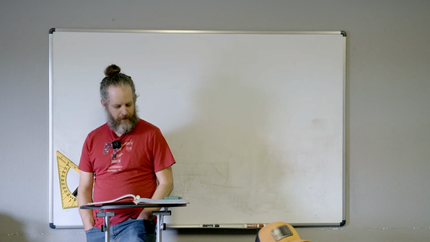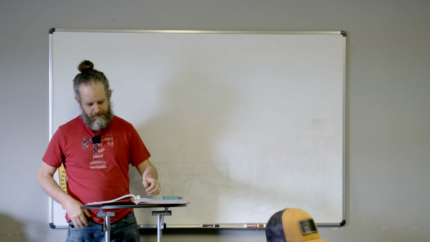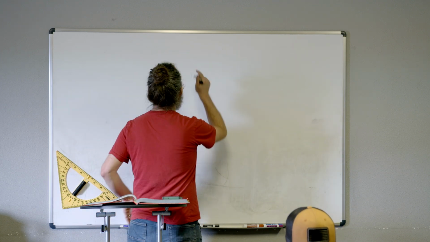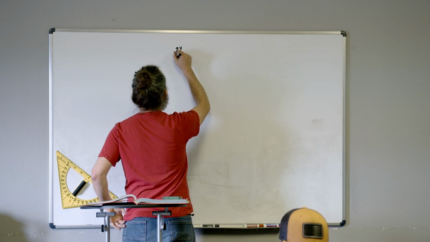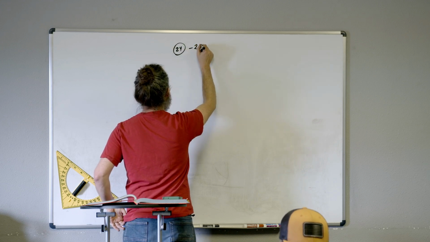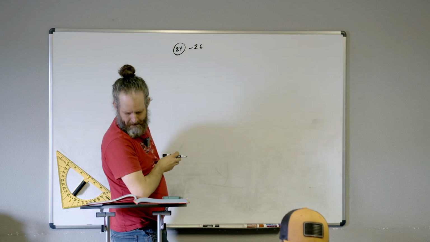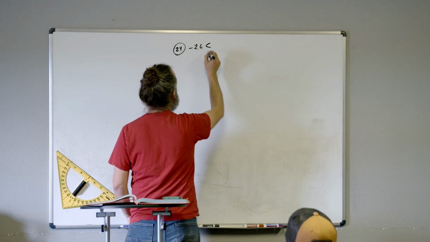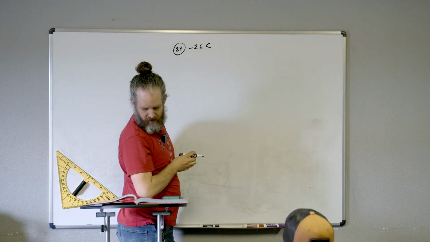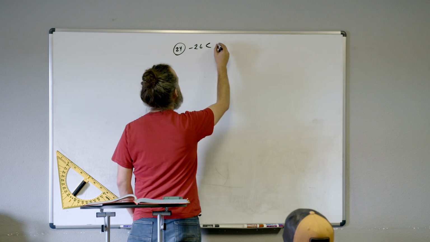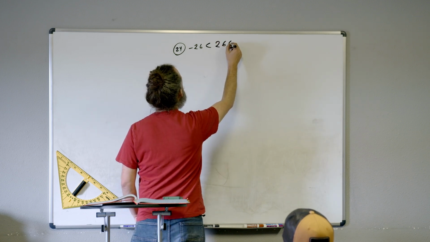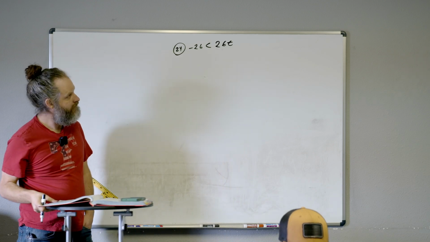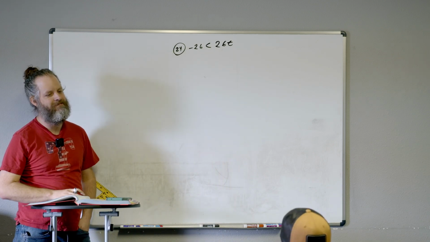What questions do we have? 24. So 24 is negative 26 is less than 26T. So what should we do?